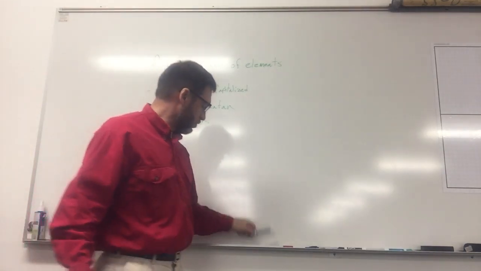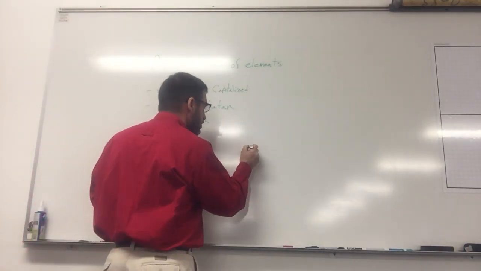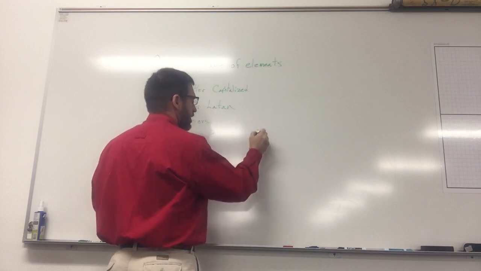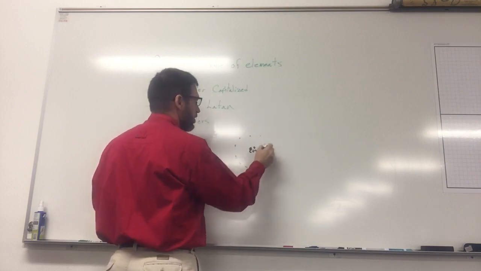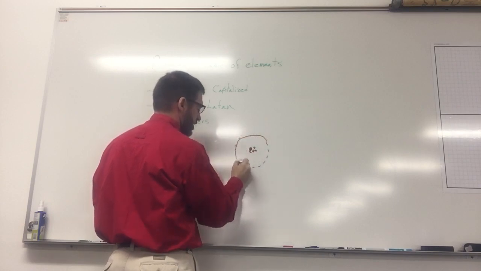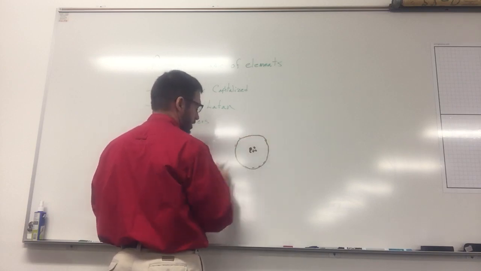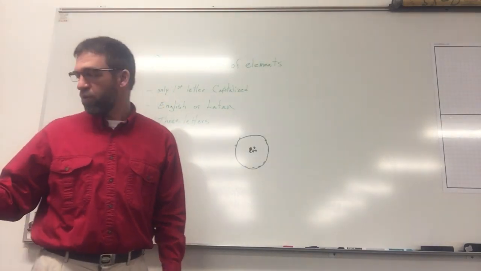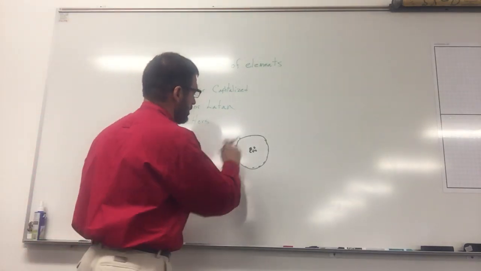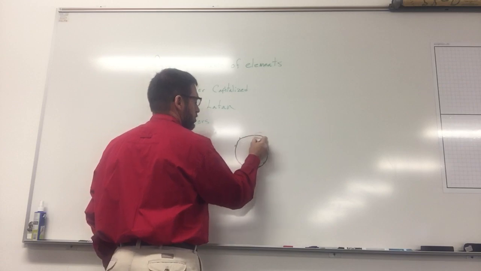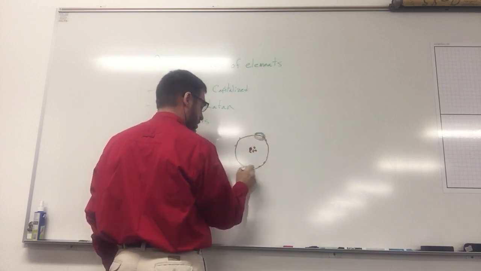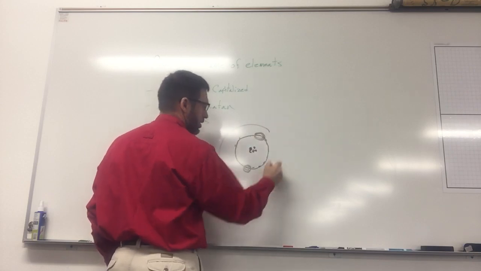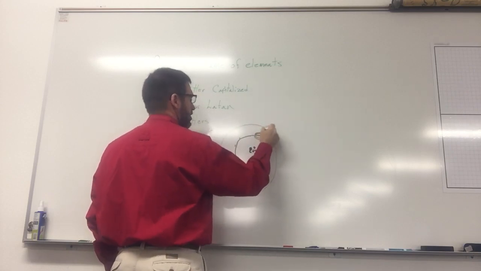So if you have your protons and your neutrons in the nucleus here in the middle, then out here, going around, your electrons. On your chart on top of 324, the first orbit can have 2 electrons. The next orbit can have 8.